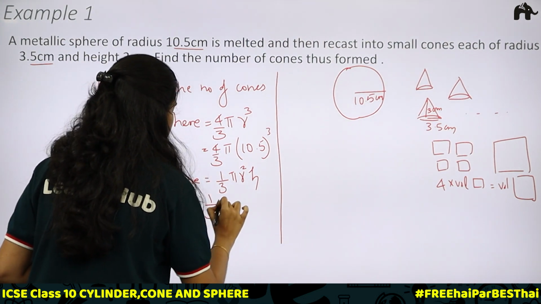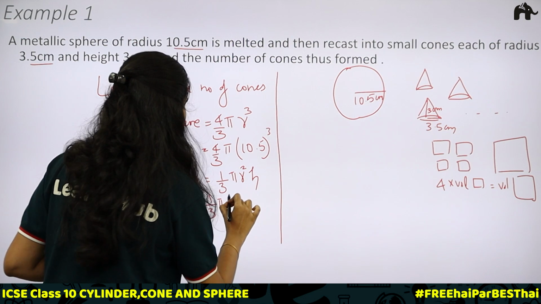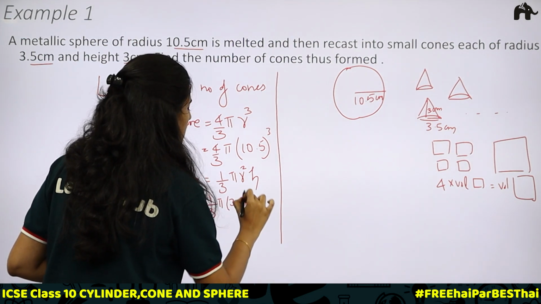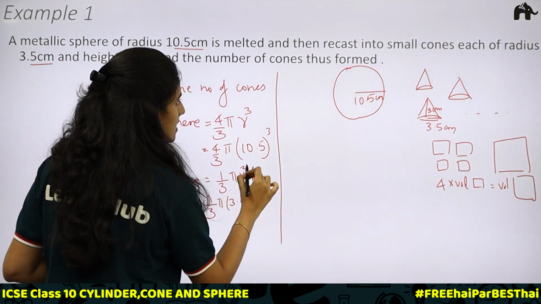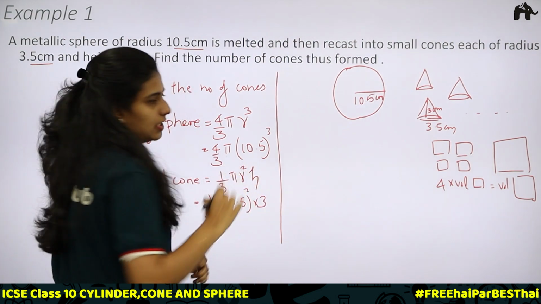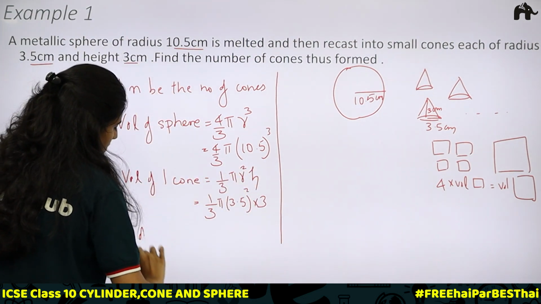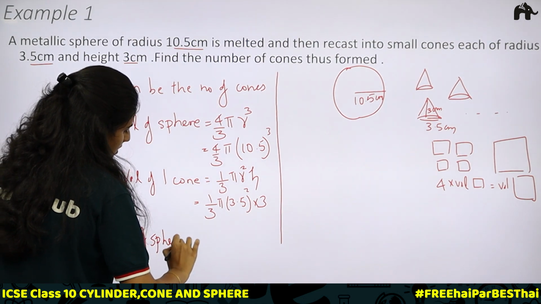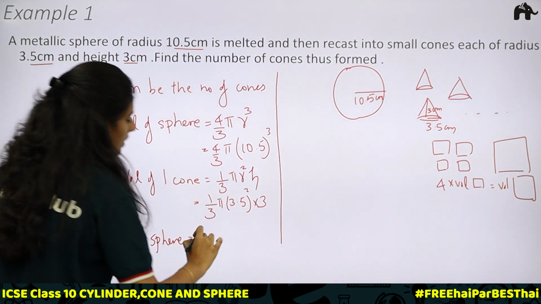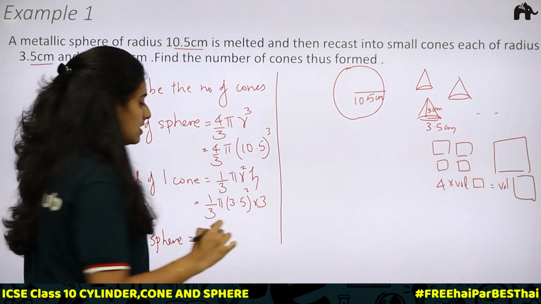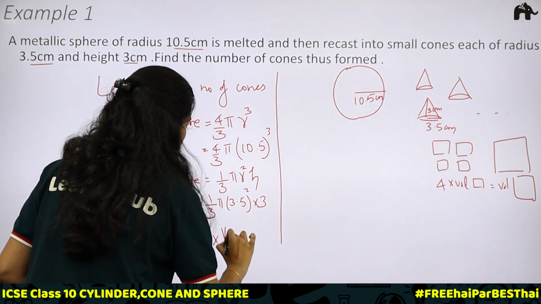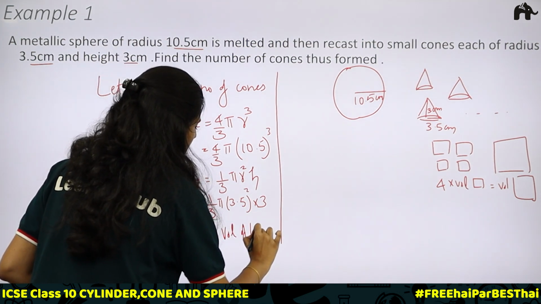Values are 1 by 3 pi 3.5 square and height is 3 centimeter, into 3. We have volume of sphere is equal to number of cones n into volume of one cone.